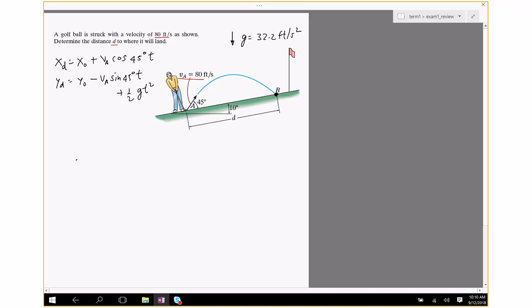Did I get the signs right? I think I got the signs wrong. So upwards is positive, so this has to be positive, and downwards is negative.